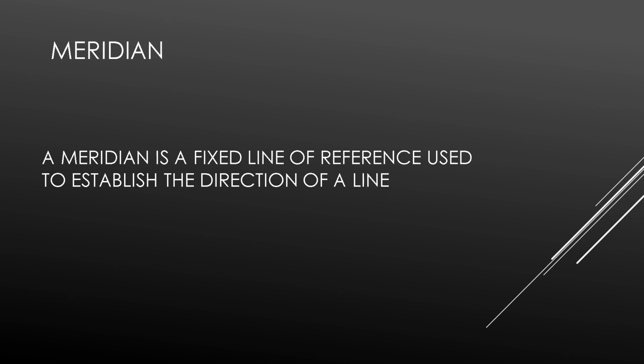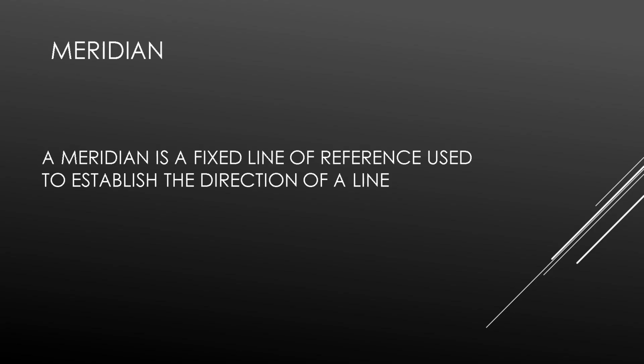It is important to remember that the term meridian does not refer to only one specific line. Depending on how the reference direction is established, we can have different types of meridians, such as the true meridian or the geographic meridian, or sometimes referred to as the astronomic meridian.